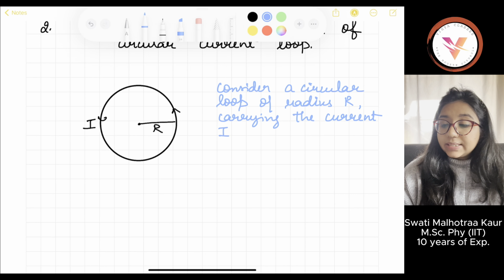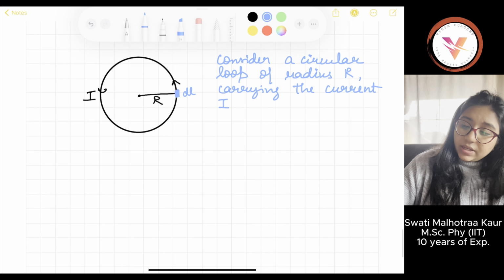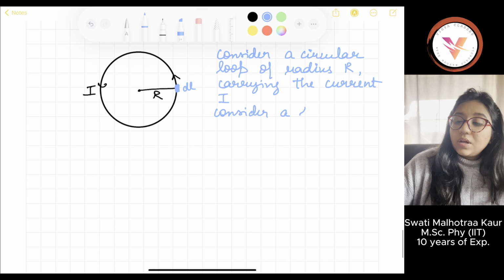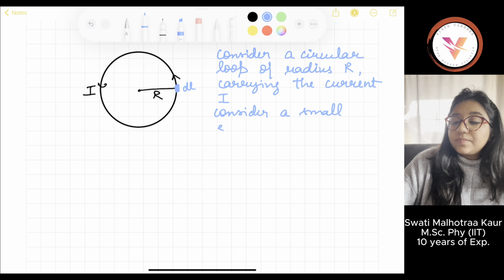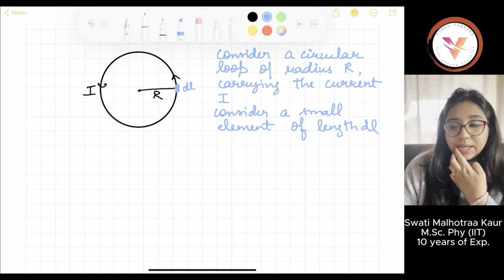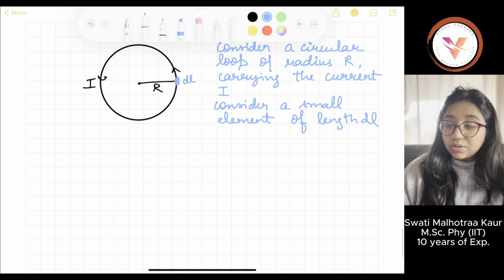Again here, consider a small element of length dl, and the magnetic field at a distance R can be calculated using Biot-Savart's law.